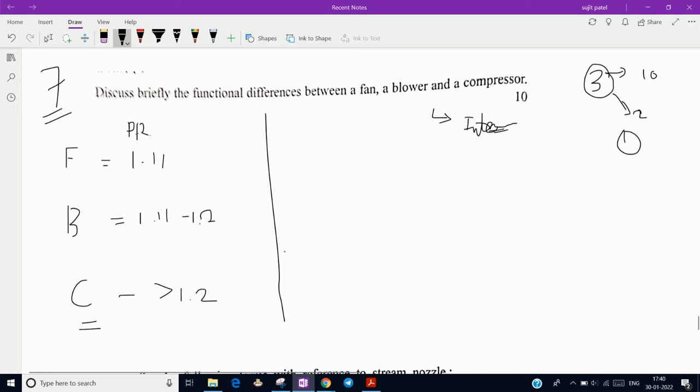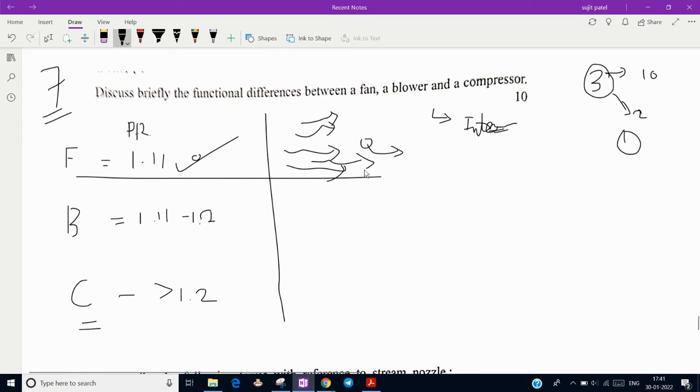The main function of the fan is to move stagnant air, or any stagnant fluid, air or any gas. If we use a fan, it will only move the air here and there in a room or in a given volume. And if we want to move a stagnant fluid from one place to another place, then there should be a pressure difference. So this much pressure difference, 1.11, is enough to move your air from here to there.